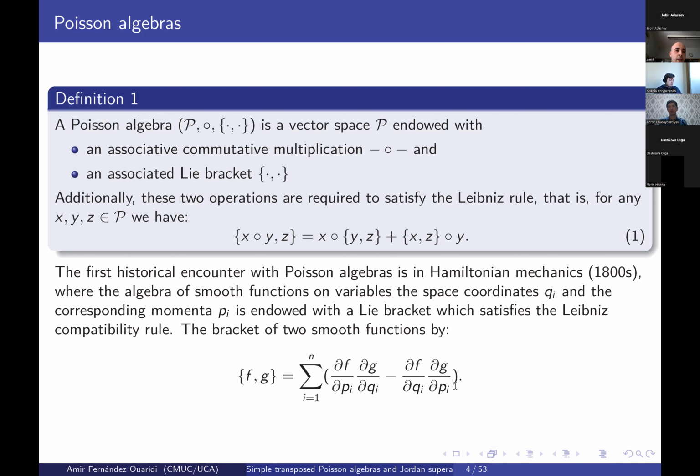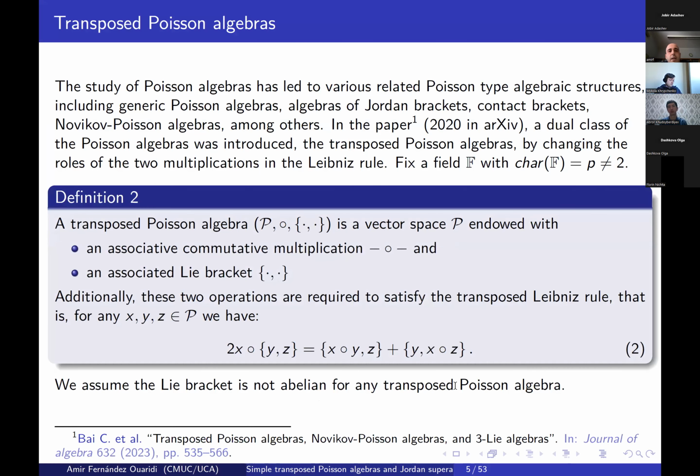Okay. Now, the study of Poisson algebras has led to the study of various related Poisson-type algebraic structures, including generic Poisson algebras, algebras of Jordan brackets, contact brackets, Novikov Poisson algebras, and many others.